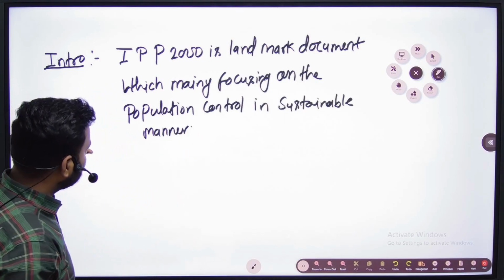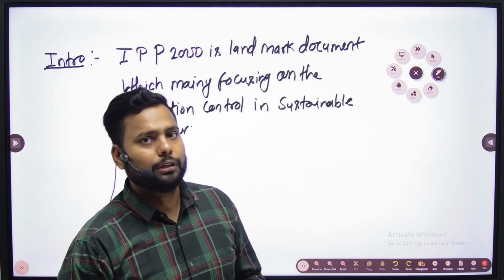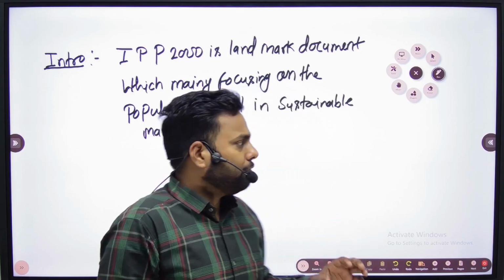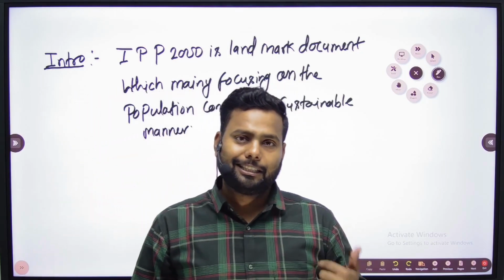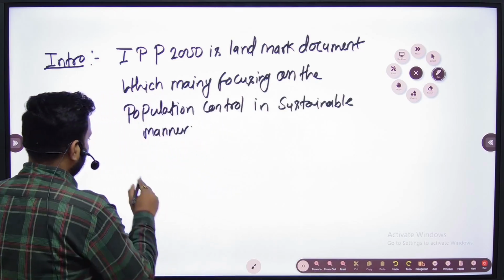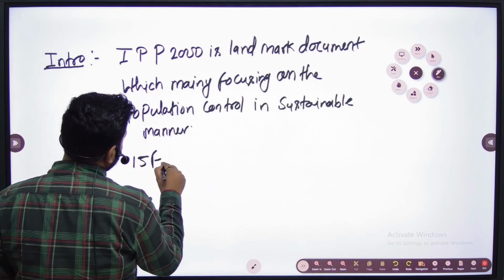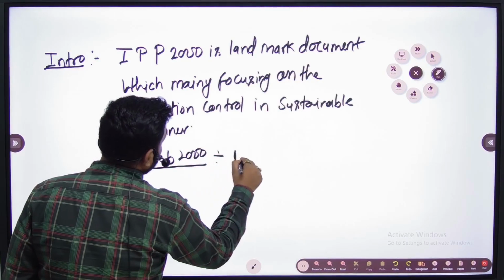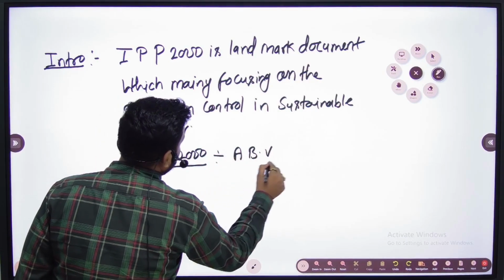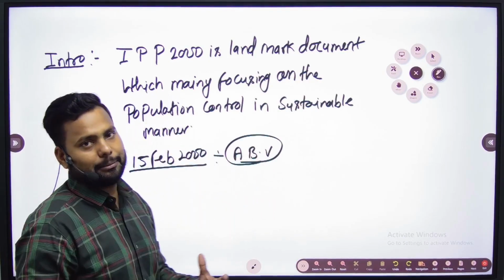You can also write the intro in terms of key points: Indian population policy is a revolutionary step taken on 15th Feb 2000 under the leadership of Atal Bihari Vajpayee. You can also do it like this.